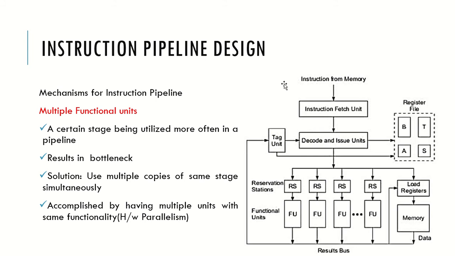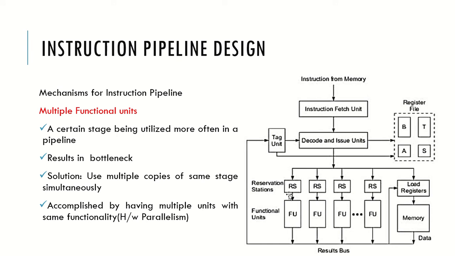So here you can see there is an instruction from memory, there is an instruction fetch unit, and the instruction fetch unit will fetch the instruction. Then it will be provided to the decode and issue unit, where they will be decoding the instruction, analyzing the computation that is required, and then issuing the corresponding data which is necessary for execution.